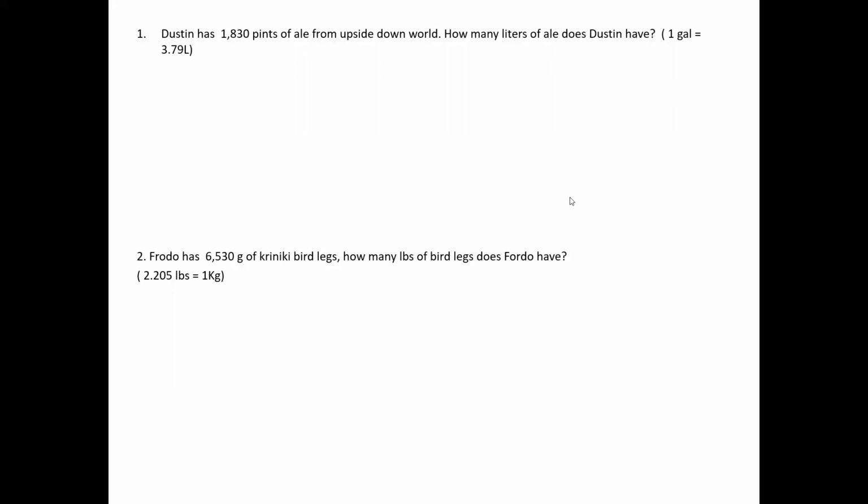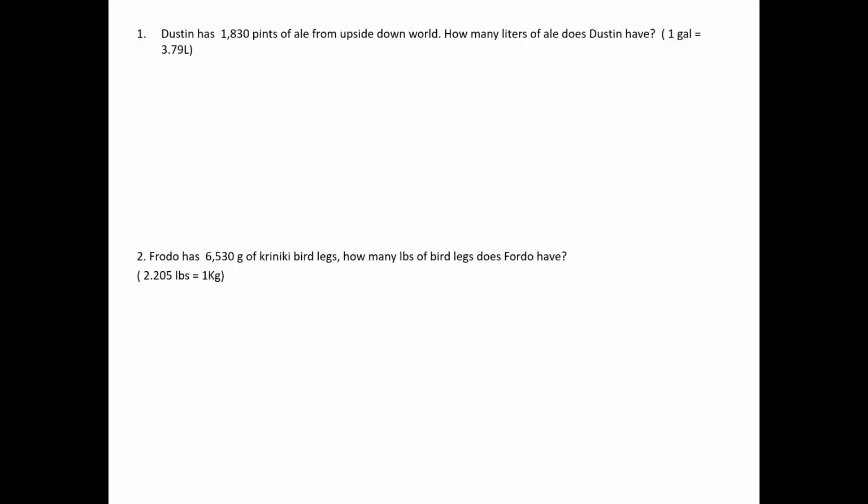So here, when I do these dimensional analysis problems, I use a little creativity in creating these problems. So here we have Dustin. This is from Stranger Things. Dustin has 1830 pints of L from the upside down world. How many liters of L does Dustin have?